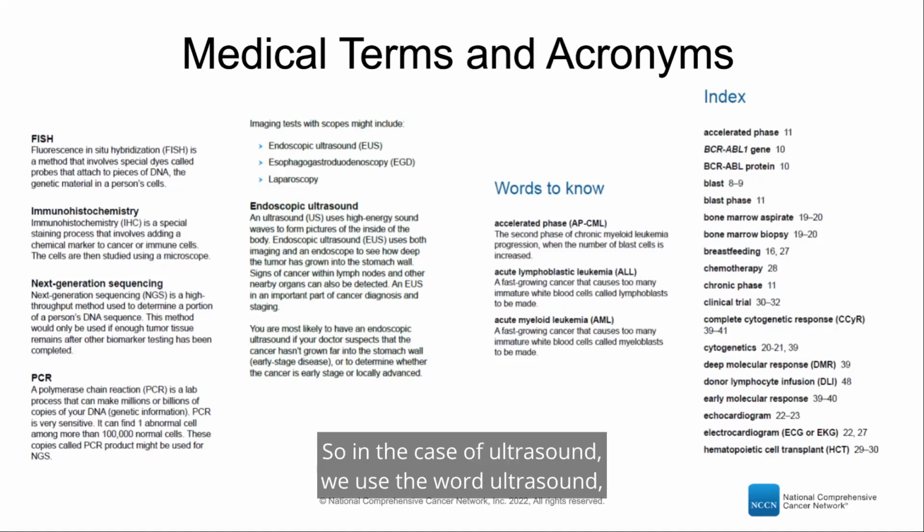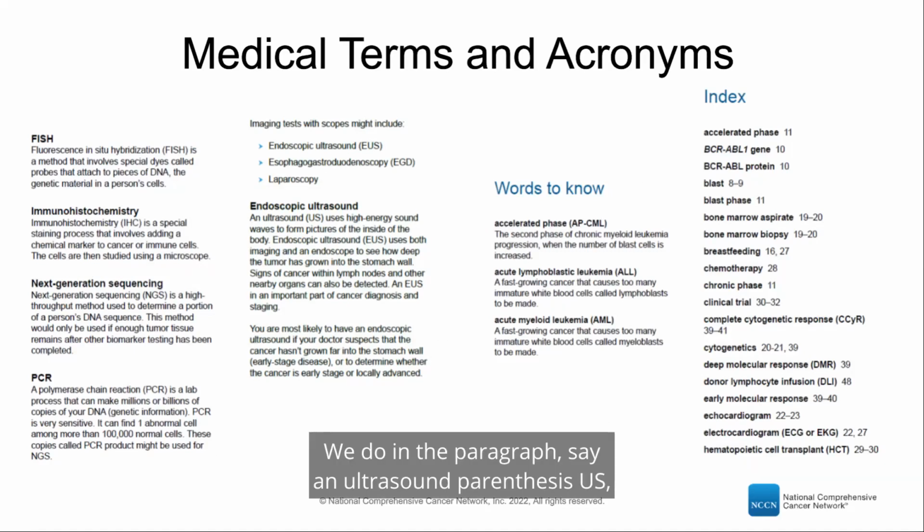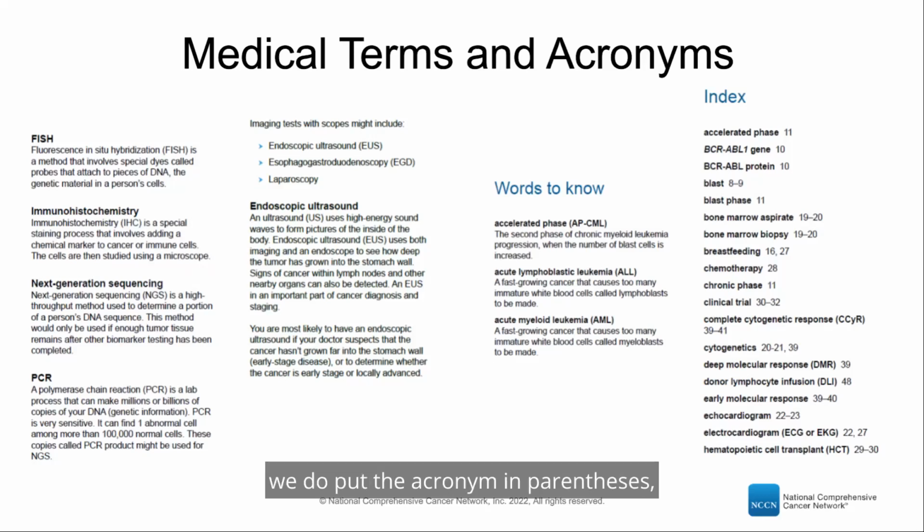In the case of ultrasound, we use the word ultrasound. That's the familiar term. In the paragraph, we do say ultrasound, parentheses, US, putting the acronym in parentheses, but we tend not to use it in the text because it's confusing. Is it United States? Is it ultrasound? So again, you're making these judgment calls.